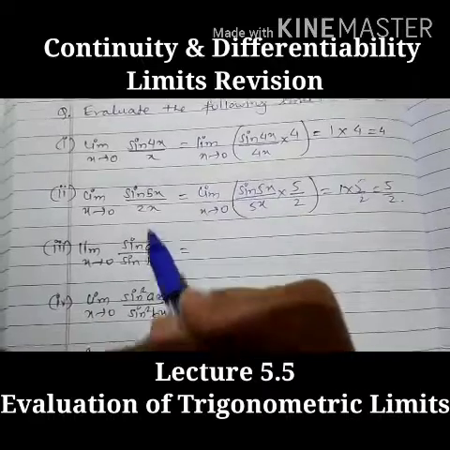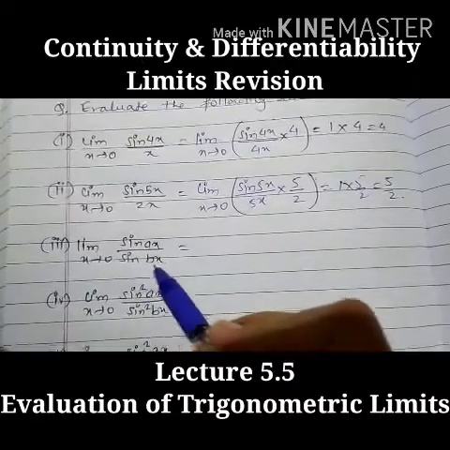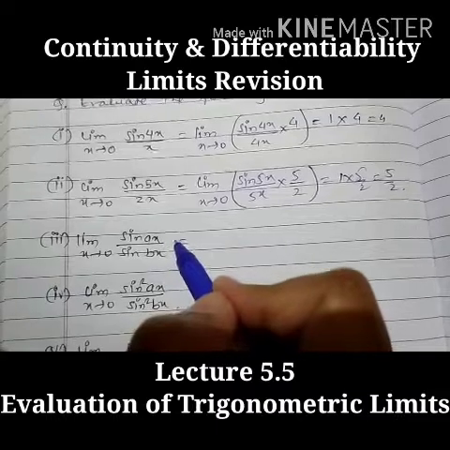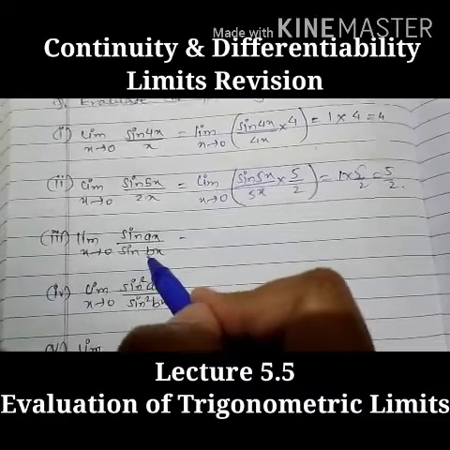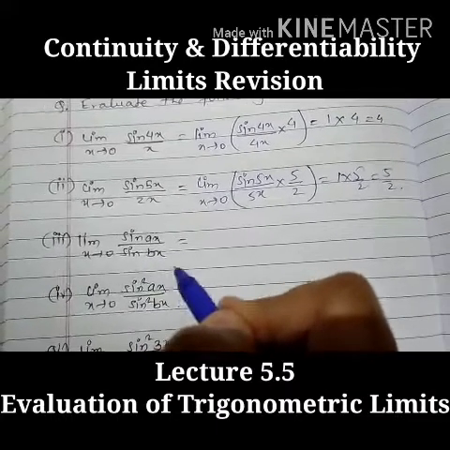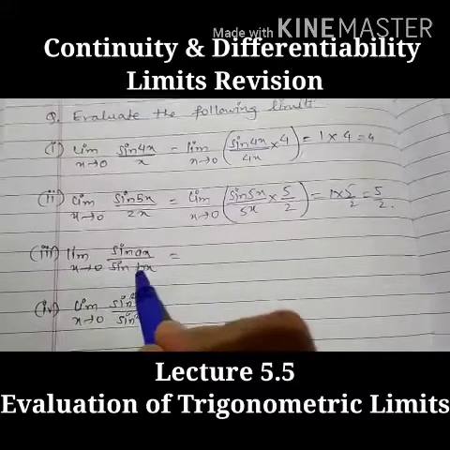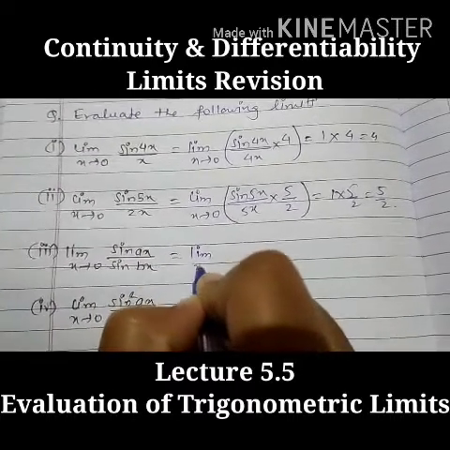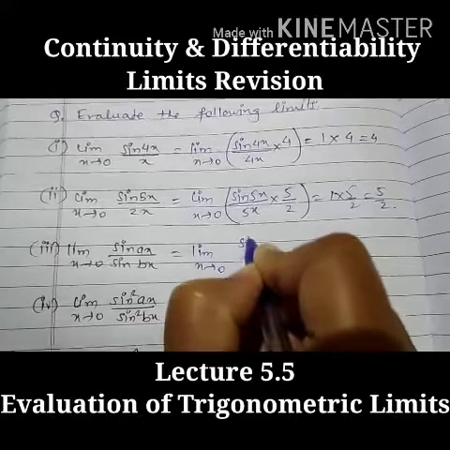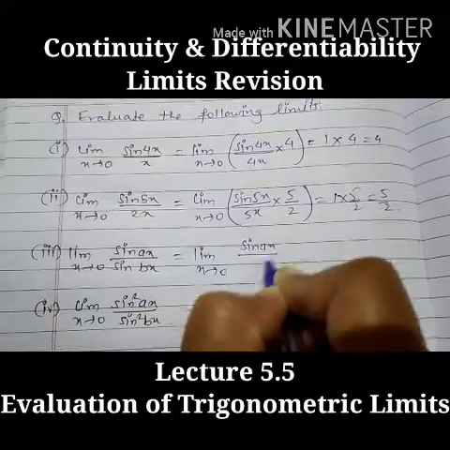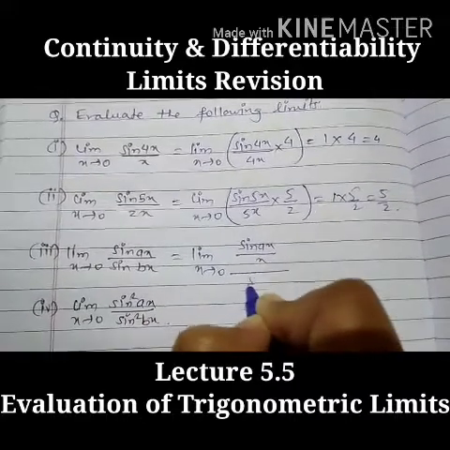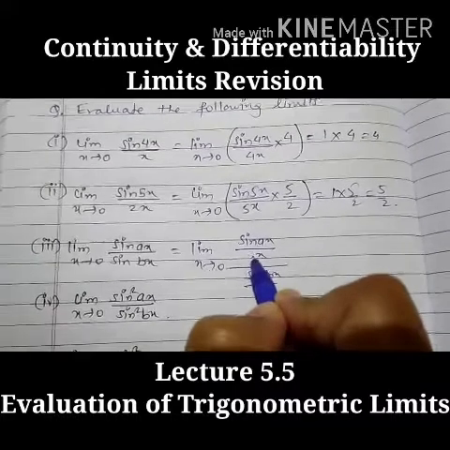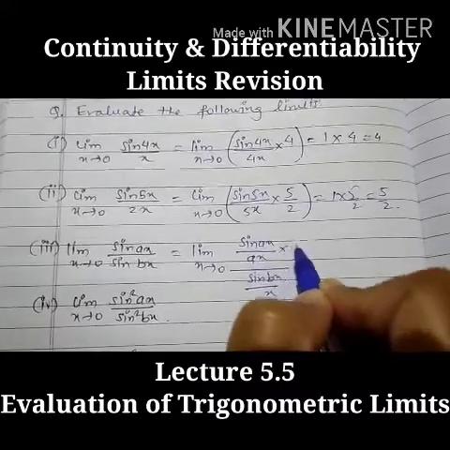Now next question. In all these 5 questions I have taken different examples, different types. Here sin ax upon sin bx is there. We need sin ax by ax so that we can have the limit 1. Here also we need sin bx upon bx. If we multiply and divide by x, it will be balanced. So limit as x tends to 0, we will write sin ax upon x upon sin bx upon x. Here we need a, so we'll multiply by a.